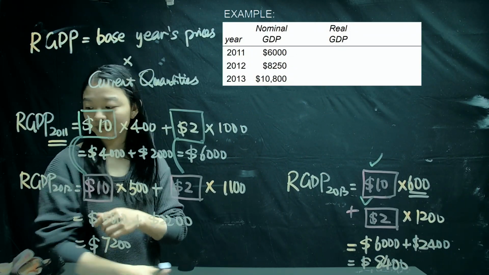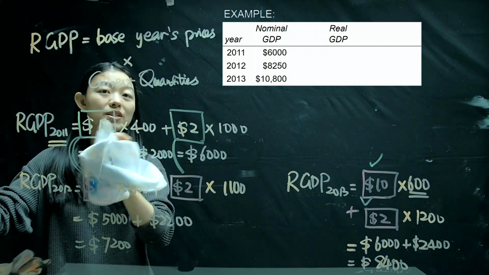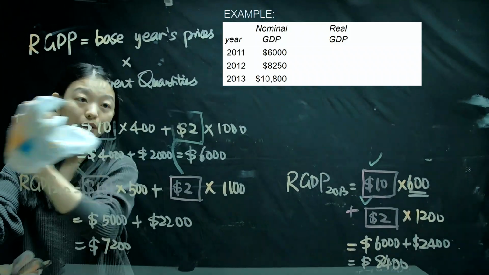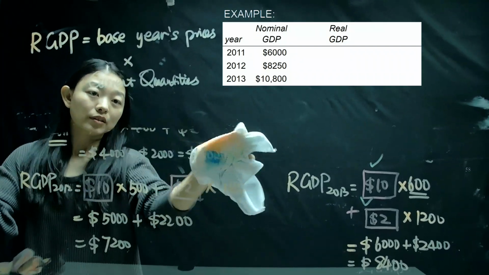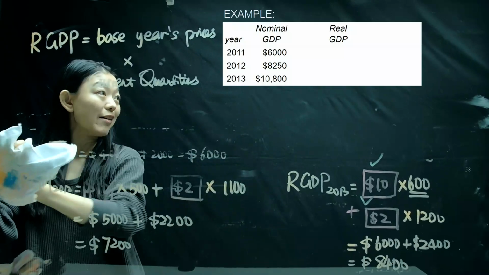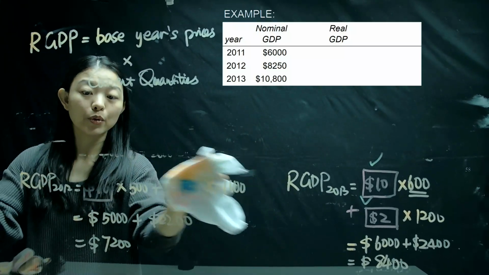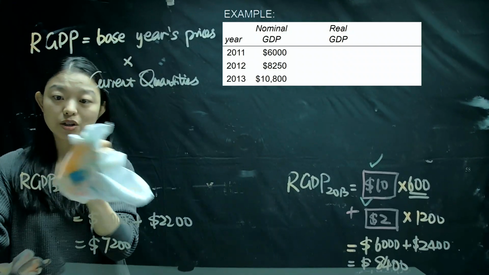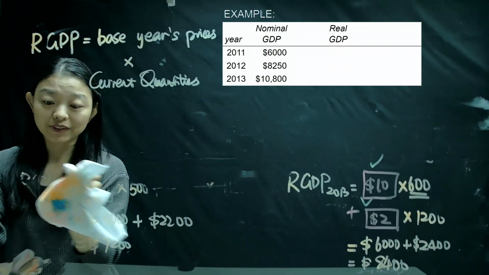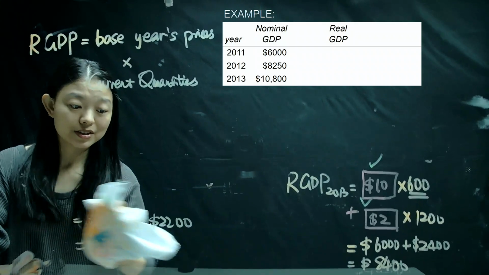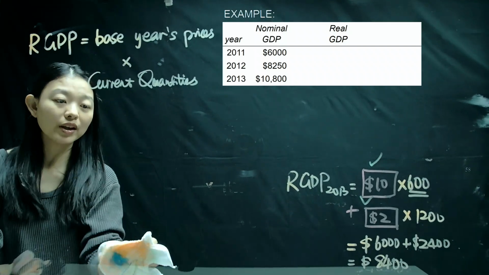Now let's see. This table will just summarize what we compute. For this example, we have nominal GDP, right? And then we also compute a real GDP based on 2011 as the base year, right? So let me just summarize what we compute.